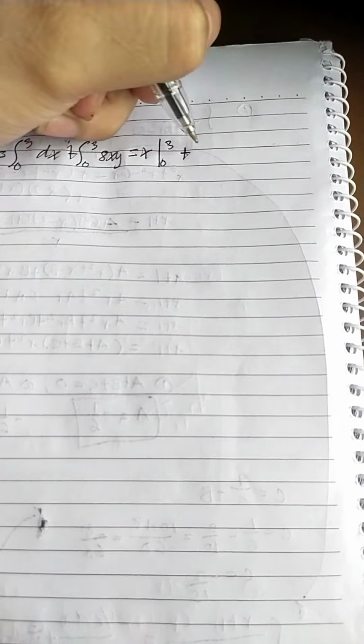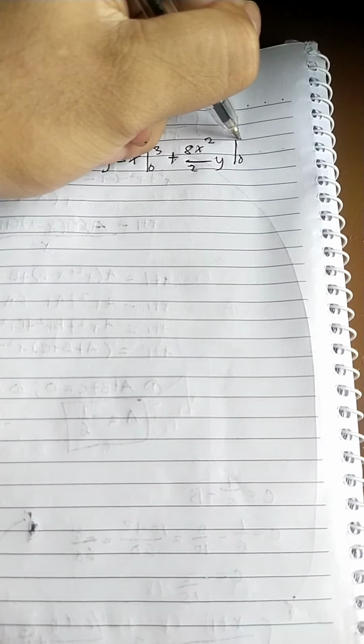the integral of 0 to 3 dx plus the integral of 0 to 3 8xy, is equals to x from 0 to 3 plus 8x squared all over 2 y from 0 to 3.